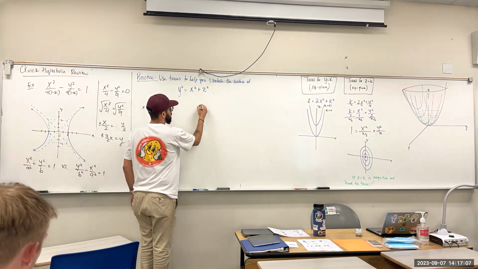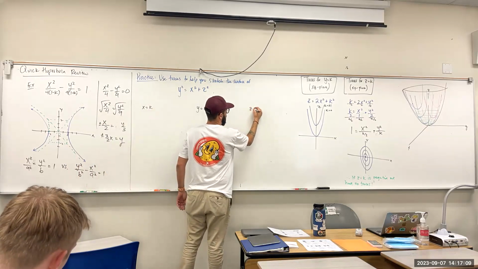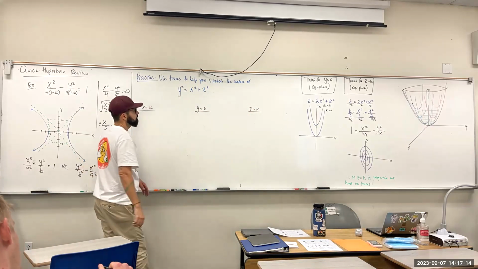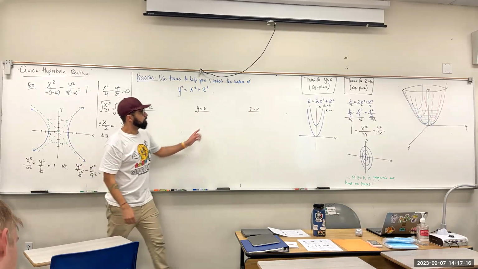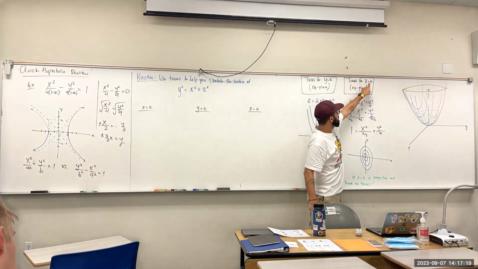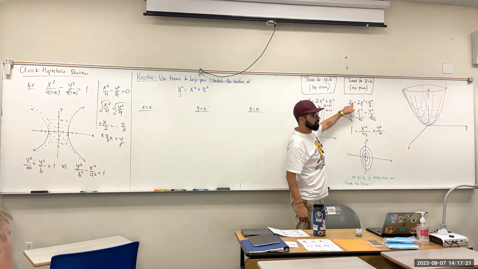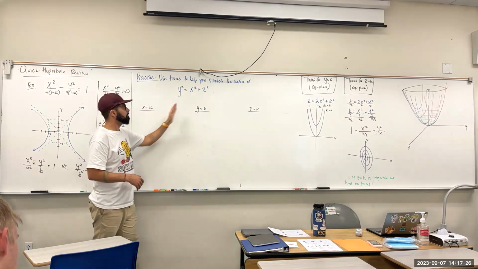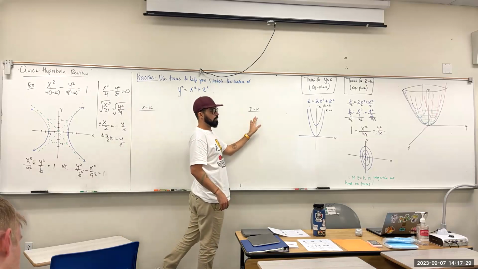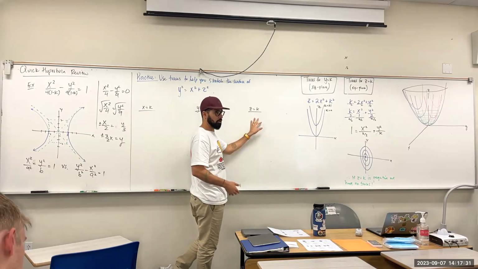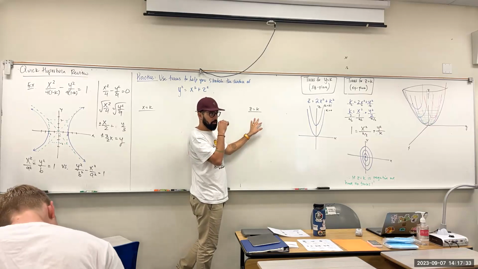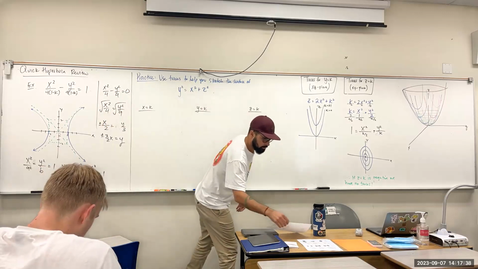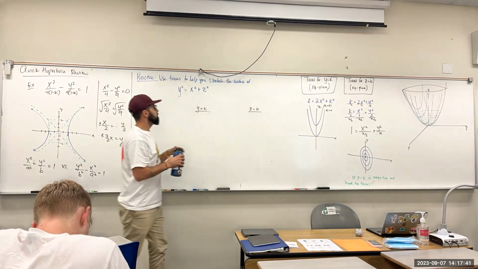Do this guy, do this guy, and then do this guy. Just like we did here, when z was equal to k, I plugged in k for z. And then you're going to help yourself see what type of trace you have. You'll have ellipses, hyperbolas, parabolas. That's where it gets kind of hard, okay? So that's what I want to do in this practice. So try it out with your group.